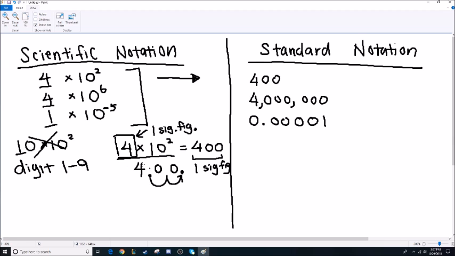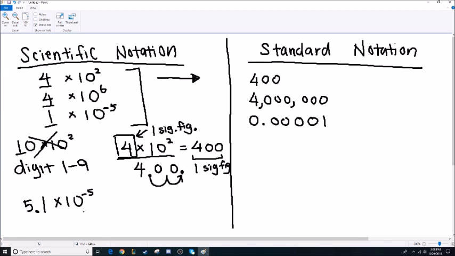Okay, so we just did an example with a positive exponent, so let's do one with a negative exponent. I'll do a different example. Let's see, 5.1. So we have 5.1 times 10 to the negative 5.